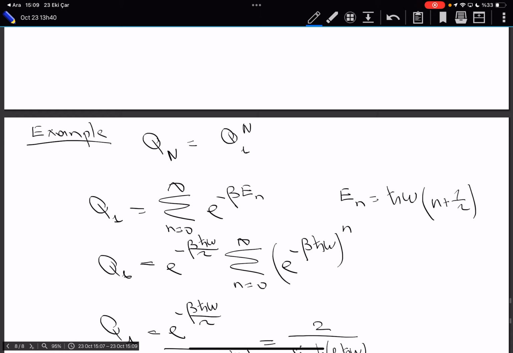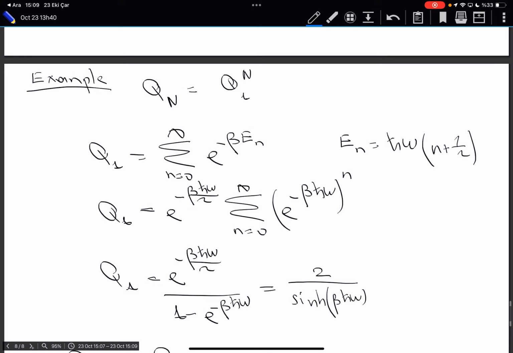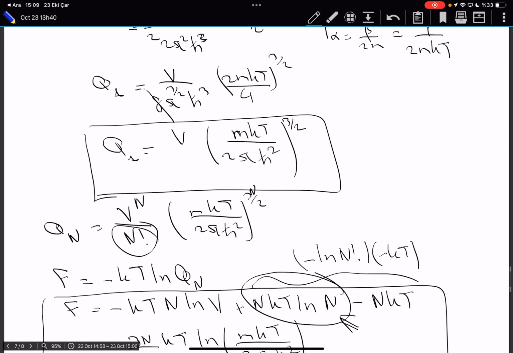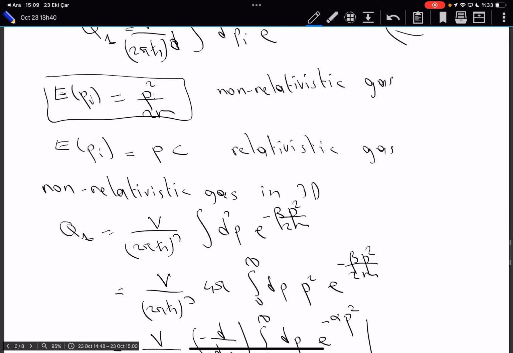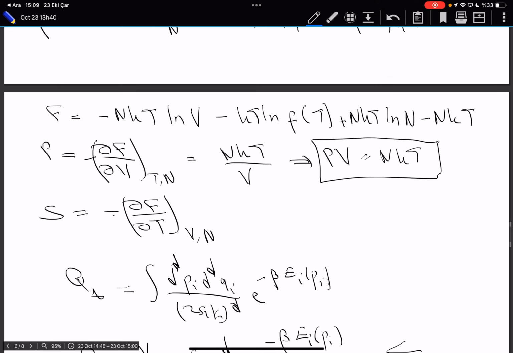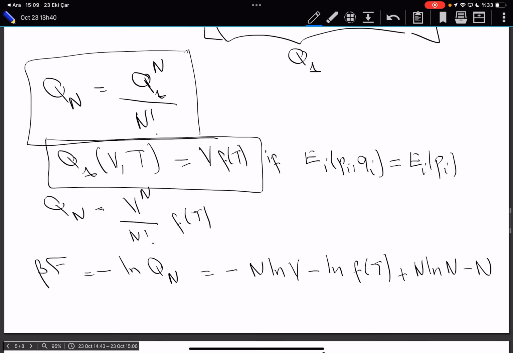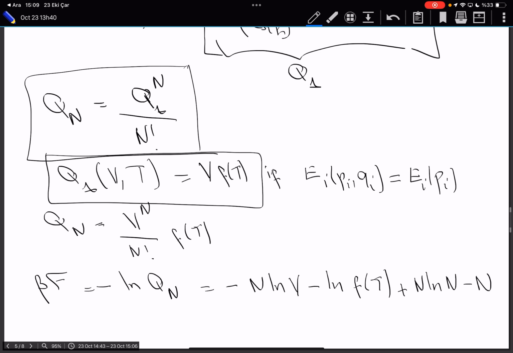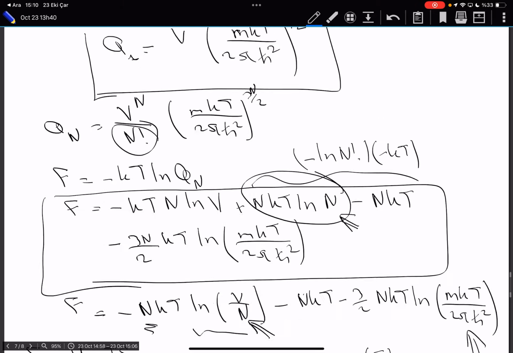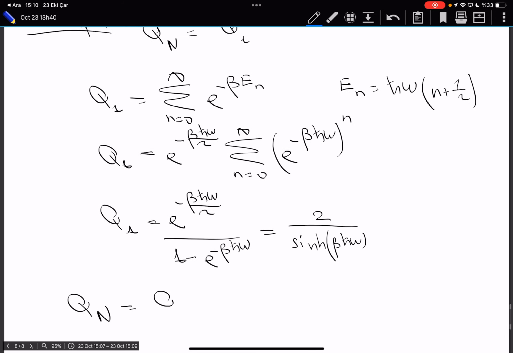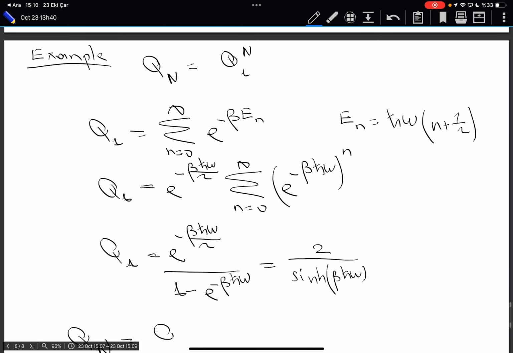Now, for the harmonic oscillator, you see here, we said that the partition function of n particles is Q1 to the n divided by n factorial, and n factorial was there to resolve the Gibbs paradox. But in the case of the harmonic oscillator, we will not have that n factorial. Why do you think that is?